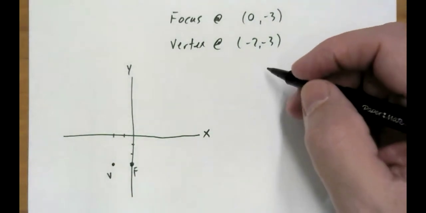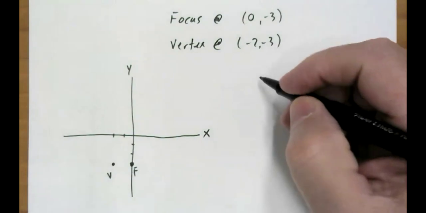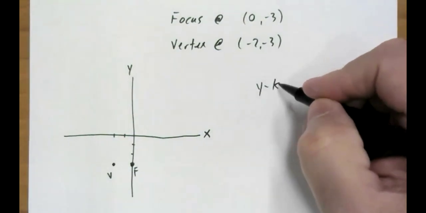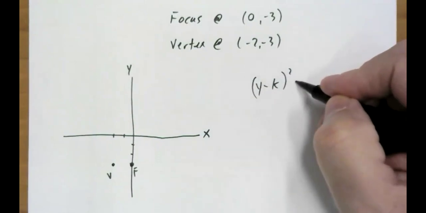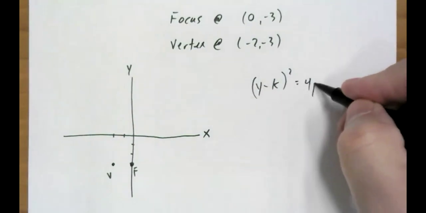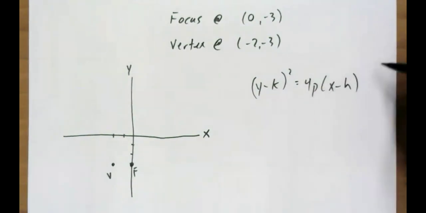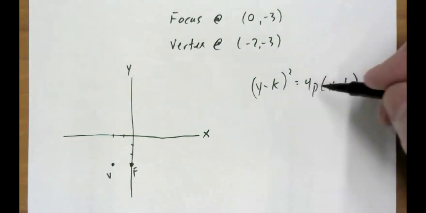The standard equation for that kind of parabola is going to be y minus k squared equals 4p times x minus h. This is the standard equation for a left or right parabola.